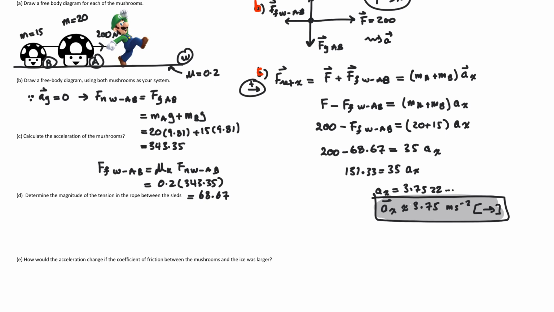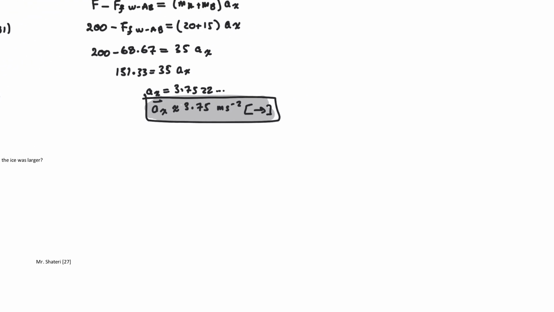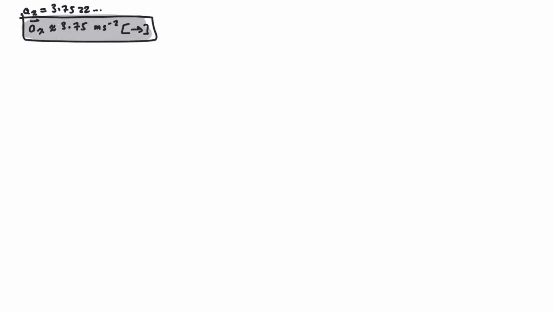All right, I am going to move this down and I'll work right here. I just need the acceleration value. I'm going to use my system, or sorry, this is part D, I believe now. For my system, I am going to use mushroom A, mushroom B, and the forces acting on this mushroom are the tension force acting from A to B, and we got force of friction.